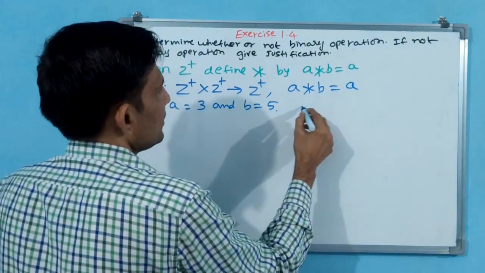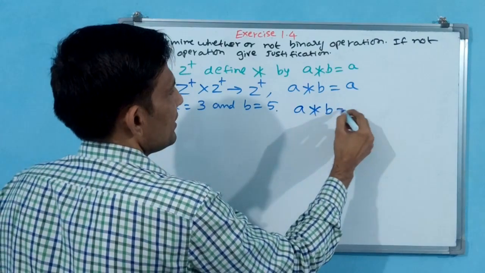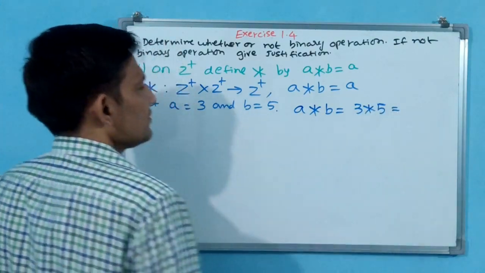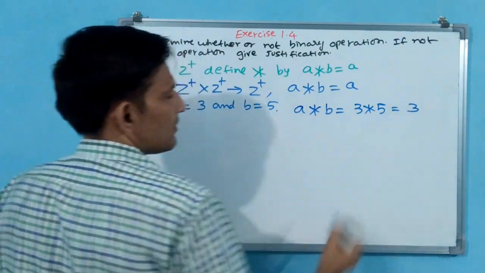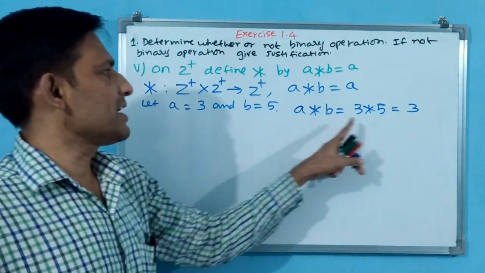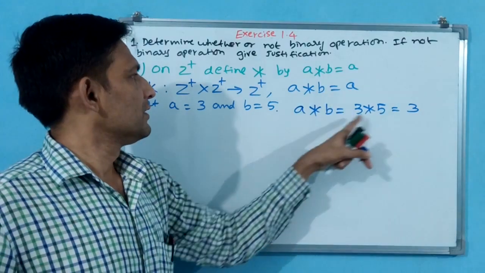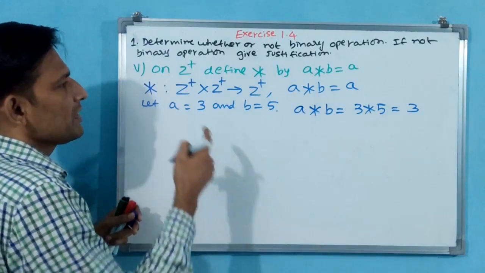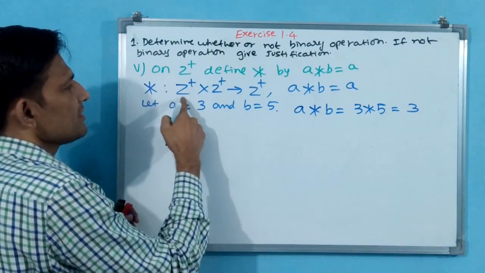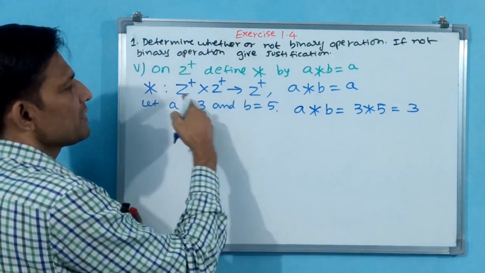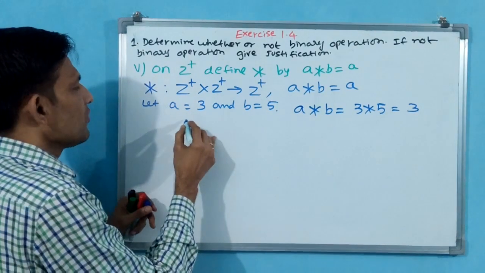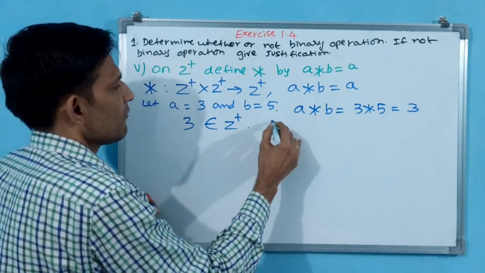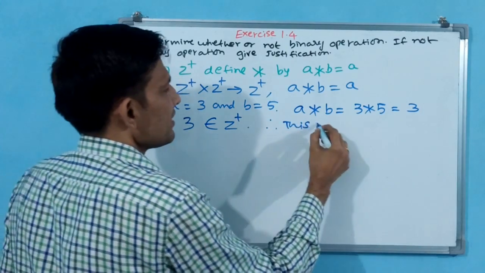Now A star B is equal to 3 star 5, that is equal to 3. Why? Because A has to come. Here A is 3, B is 5. 3 has come. 3 belongs to Z plus, definitely belongs to Z plus. Why? Because see, whatever element you are taking, this will be Z plus only. Now you write 3 belongs to Z plus, therefore this is binary operation.